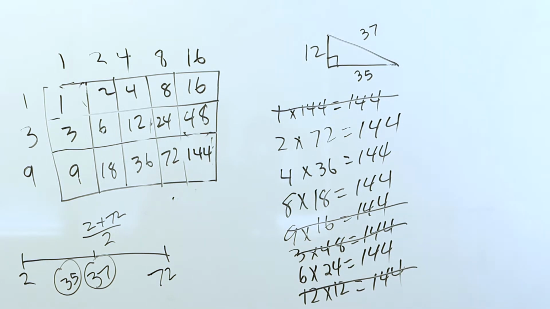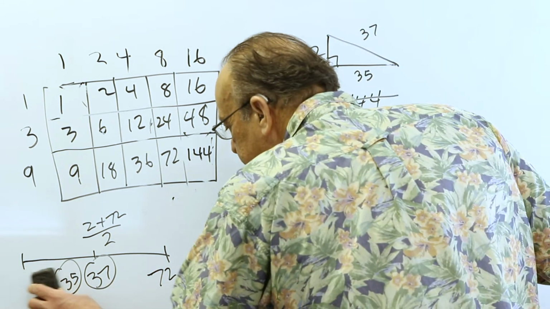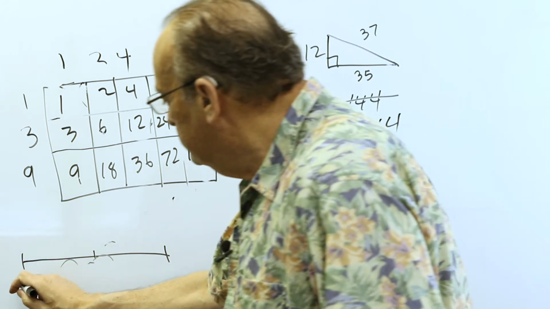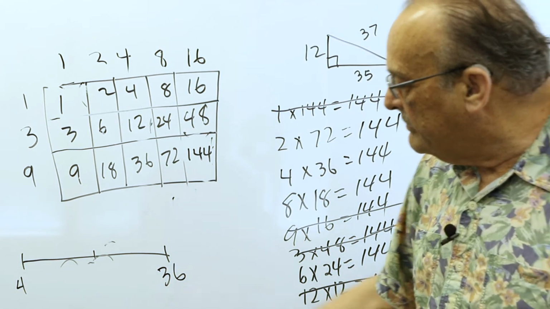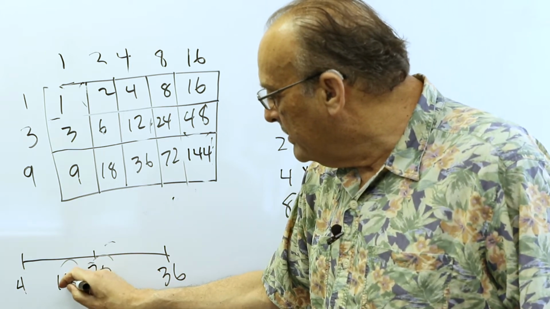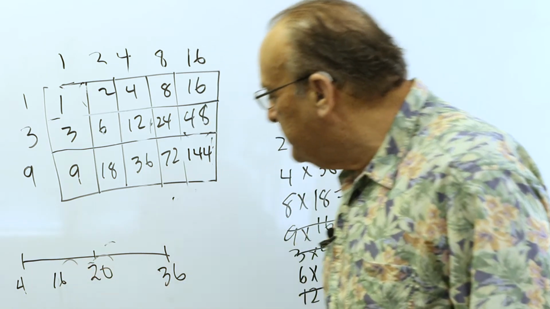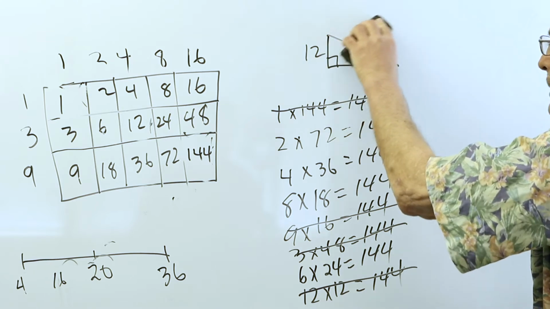So what about changing to 4 times 36? So this time the center will be 20. Minus 4 is 16. So we end up with 12, 16, and 20.